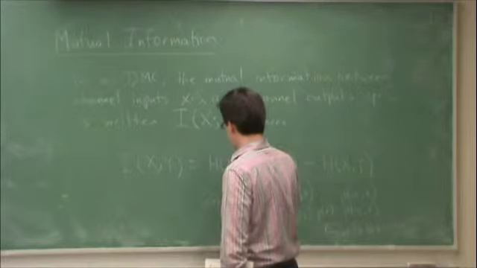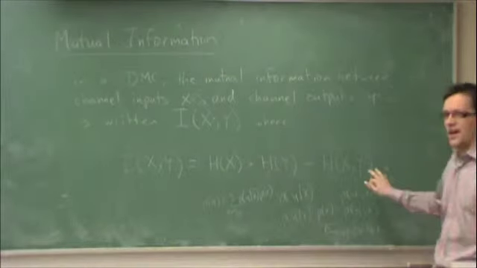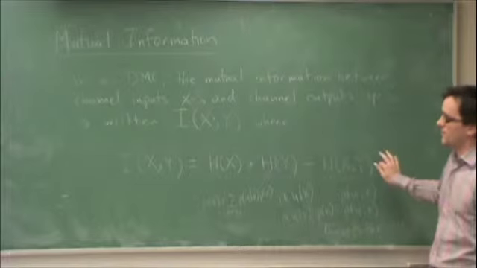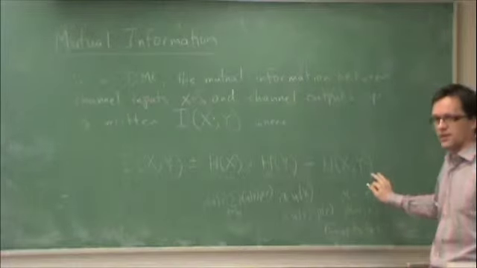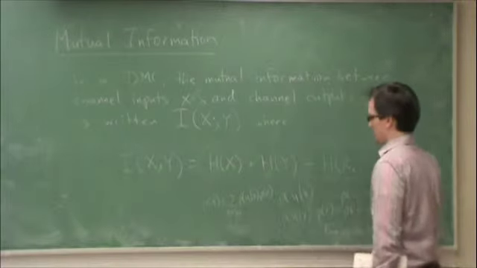In order to calculate this, I need to know P of X as well. So all of these terms are actually a function of P of X, and the particular setting of P of X has a profound impact on the value of mutual information.